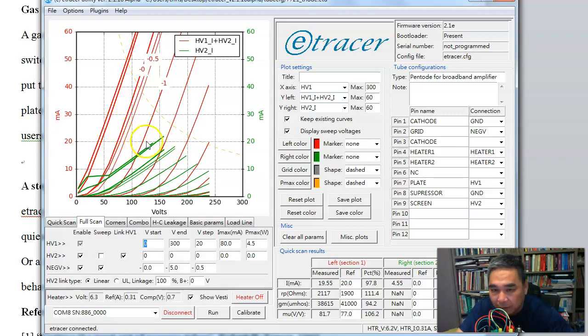So maybe instead of performing the gas test at minus 0.5 volt, we need to do that at minus 2 volt or minus 1.5 volt, for example. You can see, as the supply voltage goes more negative, the curves more or less overlap, which means this tube under test is not affected by the grid current much.